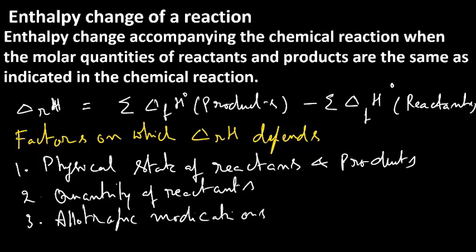Some nonmetals exist in allotropic forms. For example, carbon has 2 allotropic forms, diamond and graphite. Sulfur has 3 allotropic forms: rhombic, monoclinic and plastic. So depending on the allotropic form, the enthalpy change differs. And finally, the temperature. So these are the factors on which the enthalpy of a reaction depends.